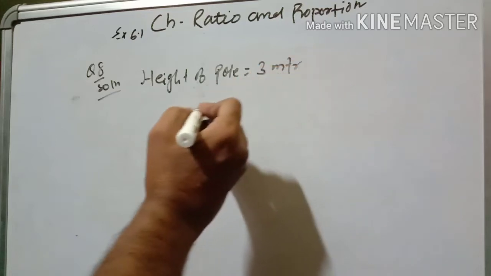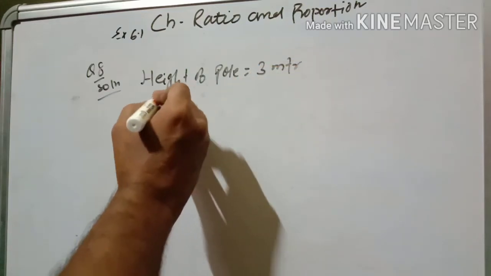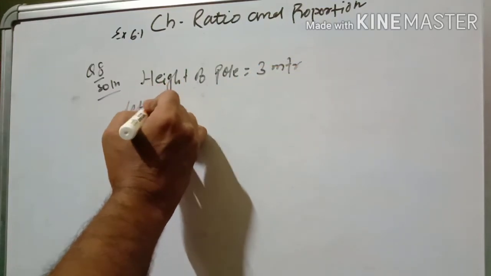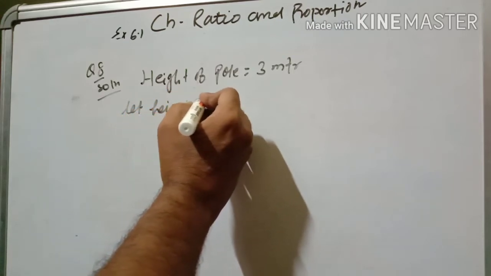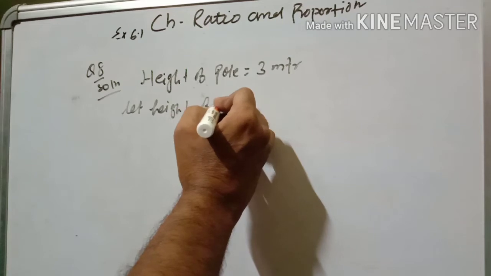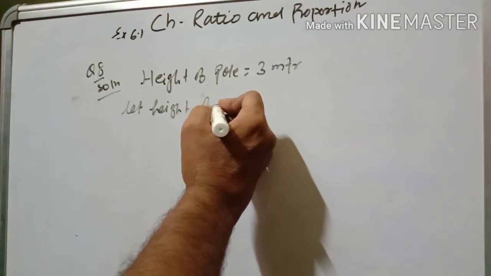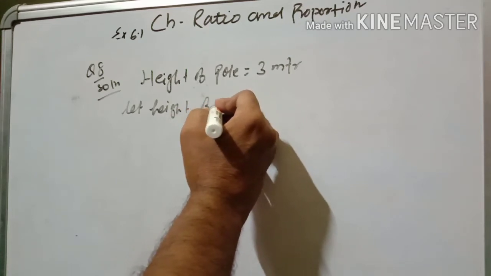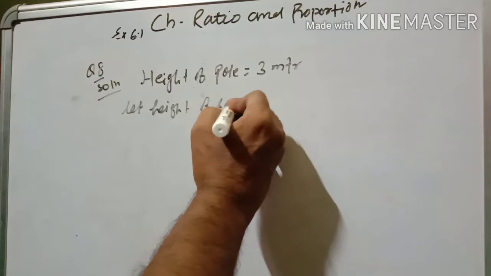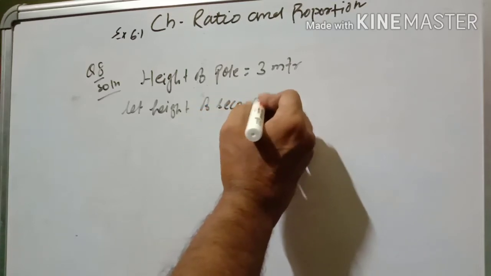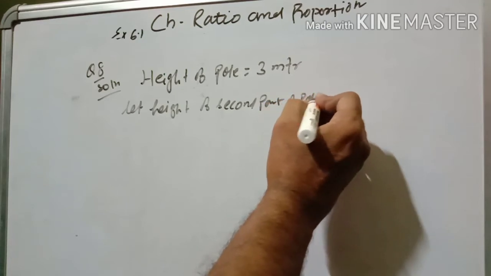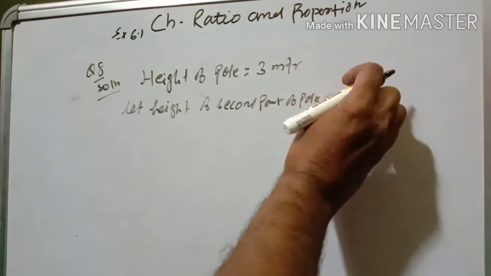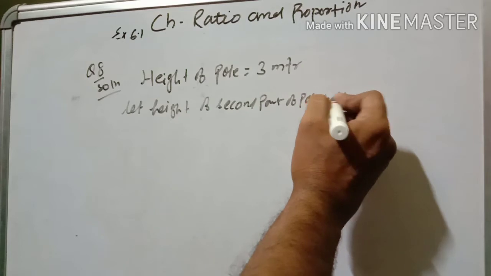Write down 3 meter, and let height of second part of pole be x.